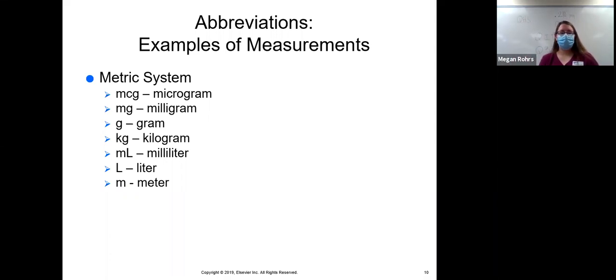When would we need lengths in the pharmacy? So if you need a patient's height, maybe if you're calculating a BSA, something like that. If they need crutches, depending on if your pharmacy sells those, or a wheelchair.